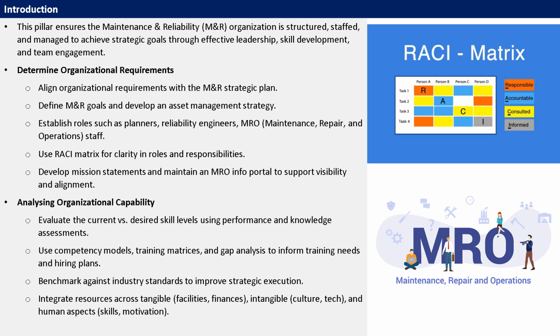This involves conducting performance and knowledge assessments to evaluate individual and team capabilities, using competency models, training matrices, and gap analysis to identify training needs and recruitment requirements, benchmarking organizational capability against industry best practices to identify improvement opportunities, integrating and managing tangible resources (facilities, budgets), intangible resources (company culture, technology use), and human resources (skills, experience, motivation) for optimized performance and strategic alignment.